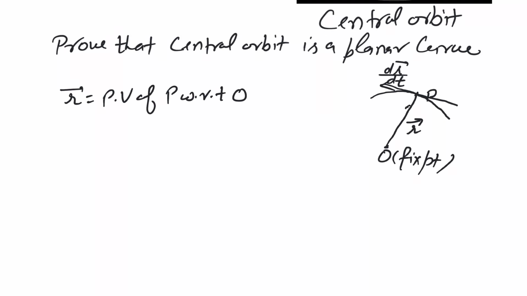Radial acceleration is always directed along the radius, and it is written as d square r by dt square.